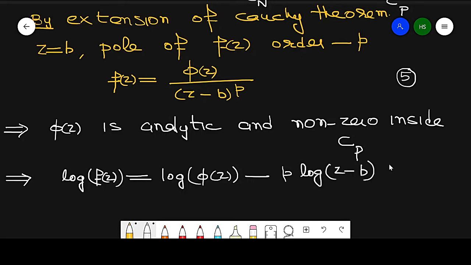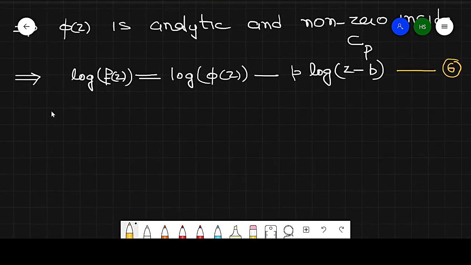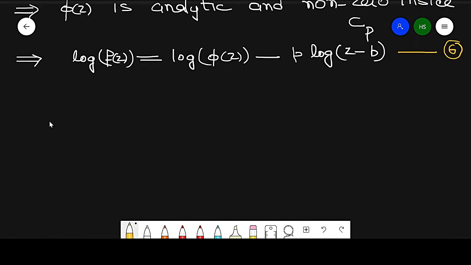Here I am using the property of a logarithm. Now if I differentiate this equation with respect to z, I will get my integration.